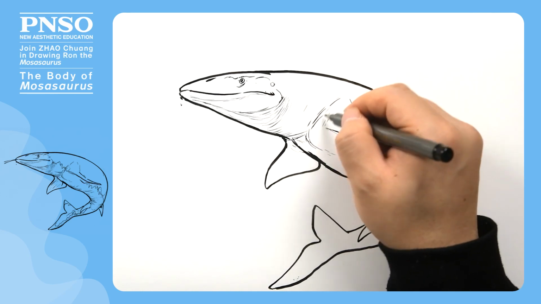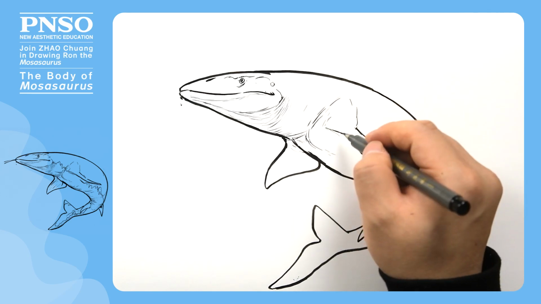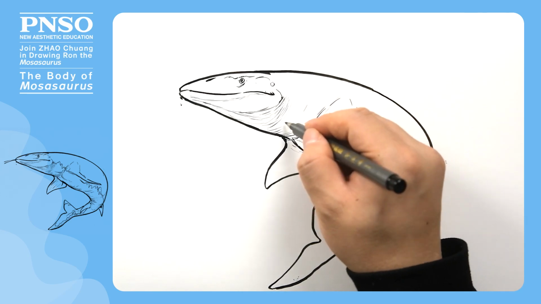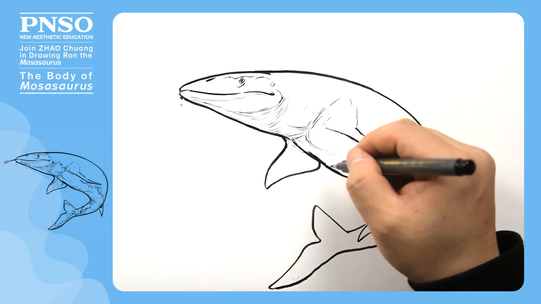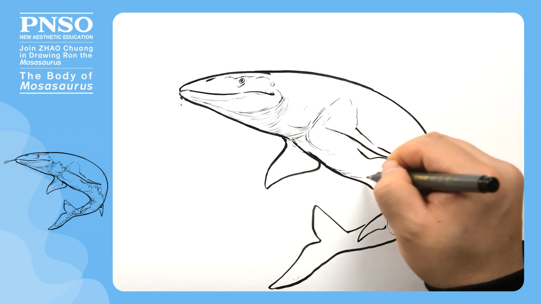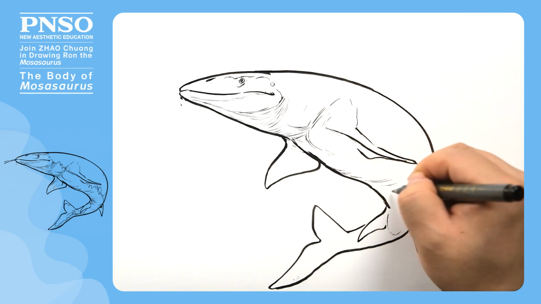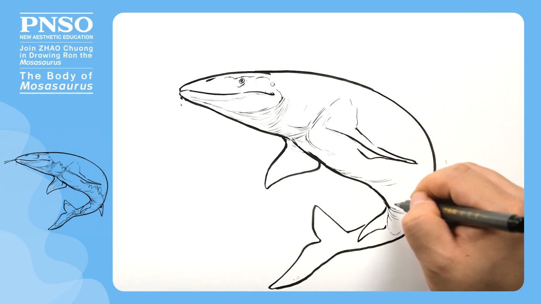Next, we can draw the outline of its shoulders and the surrounding muscles, but we need to draw it vaguely as the whole body of Mosasaurus was still in a round look. At this turning point, the waist, we can also draw some wrinkles.